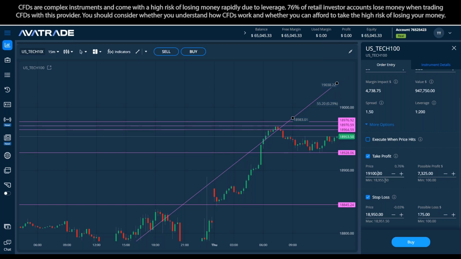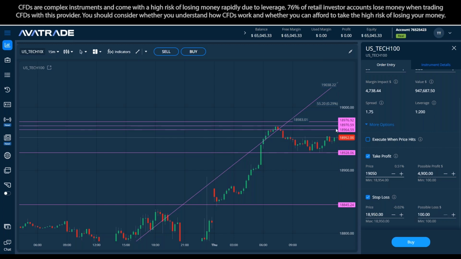I see I would make many times my risk at 19,100. Maybe you'd even be happy at 19,050. And so you can let this calculate for you, how much would I make, how much would I risk with this setup. And so maybe I want to go after this 5,000 profit, but I'm willing to risk a bit more than this.